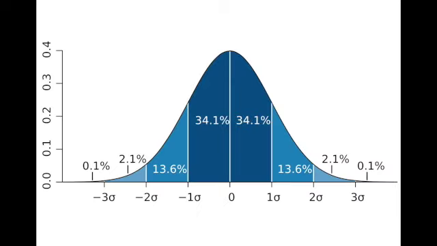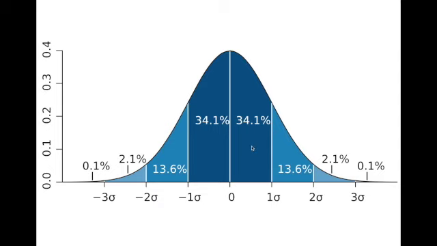So here is a normal distribution. This is not a normal distribution for our guild, but I took this picture because it represents what I'm trying to say. So let's say this is the average, and let's say I am 0.5 sigma above the average, I'm going to be here.